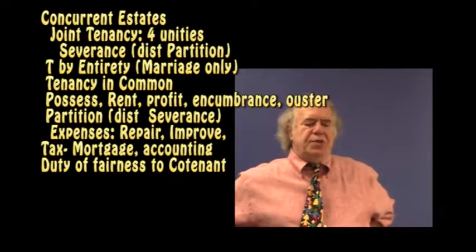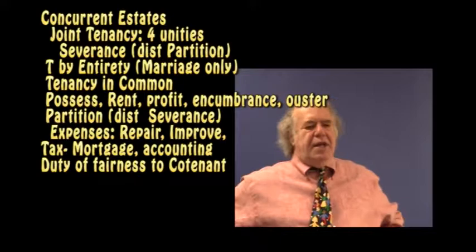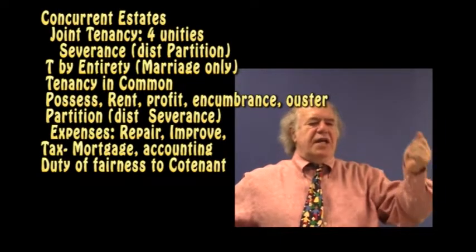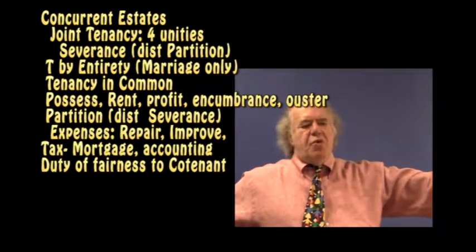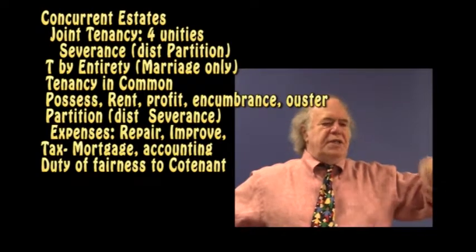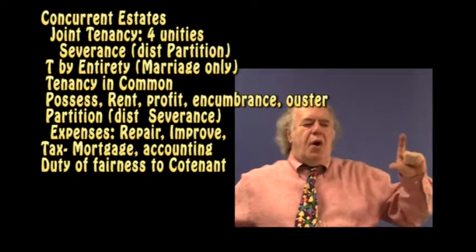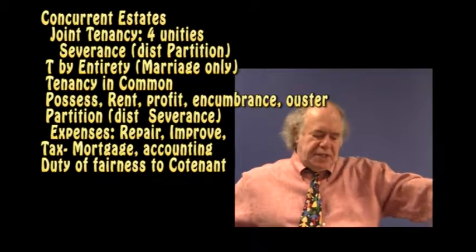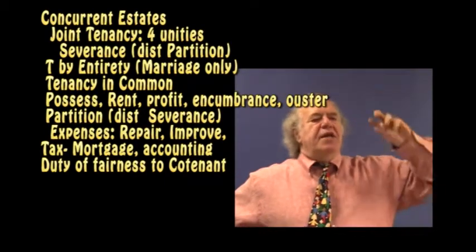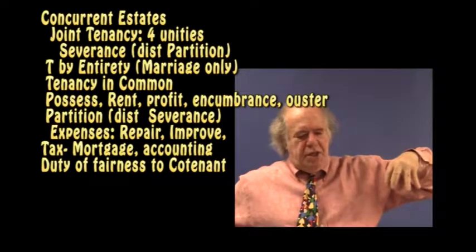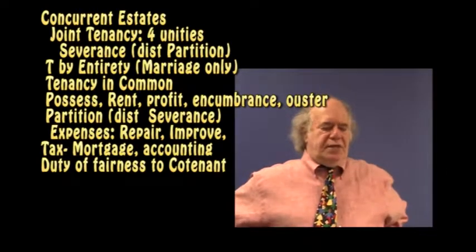But in those states, which are apparently not many at this point, that say giving a mortgage is giving a kind of title, then the giving of the mortgage by one of the two joint tenants destroys the right of survivorship. If both joint tenants mortgage the property and give a joint mortgage, then it does not sever the right of survivorship.